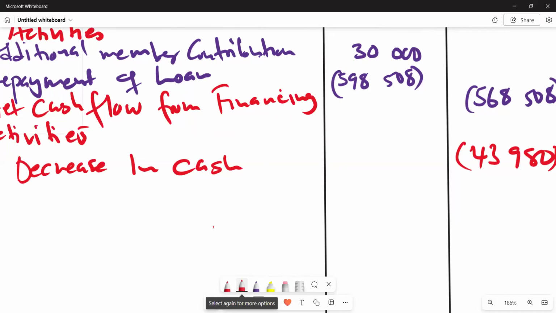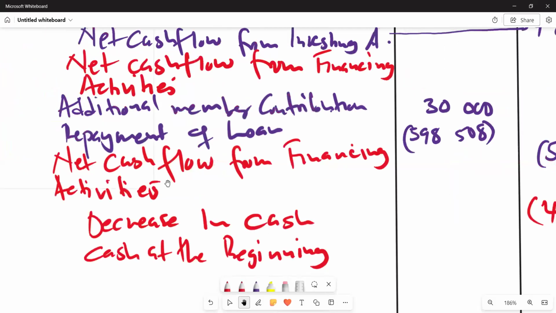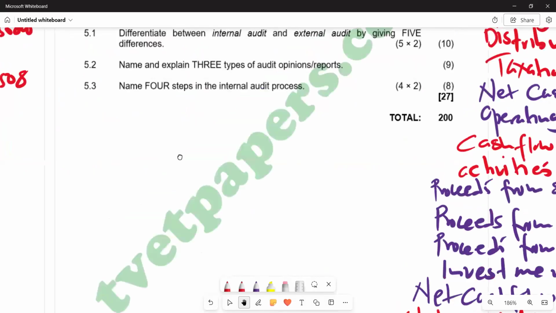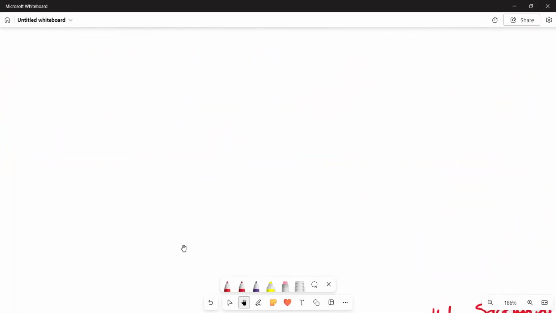So here we are saying cash at the beginning. So cash at the beginning, we get it in the statement of financial position. So you can go there and try to check the bank balance that we have for 2015, which is the previous year.